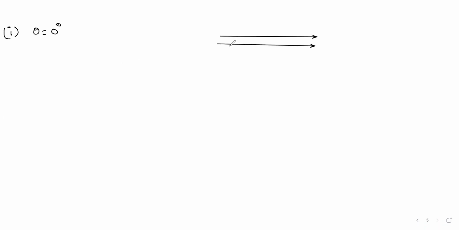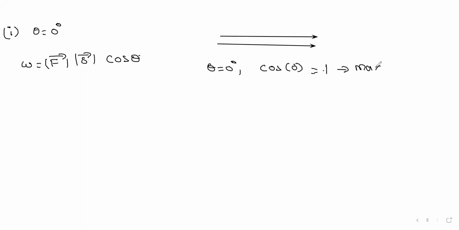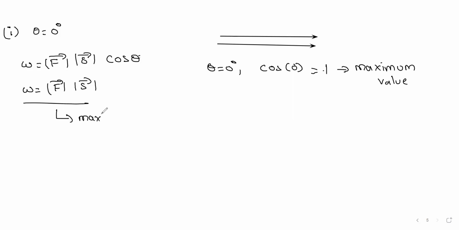So when theta is 0, cos 0 is 1. So this is the maximum value of cos. If we substitute 0 here, we get mod f into mod s. So this is the maximum value of work done in this case, which is mod f into mod s.